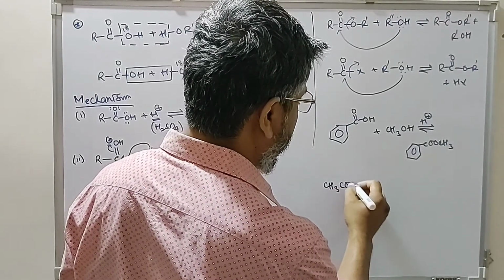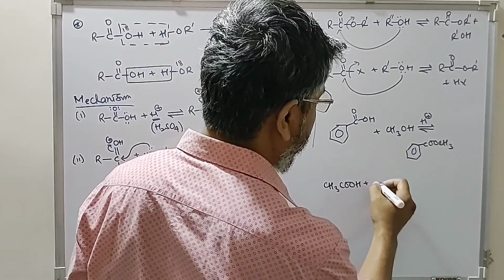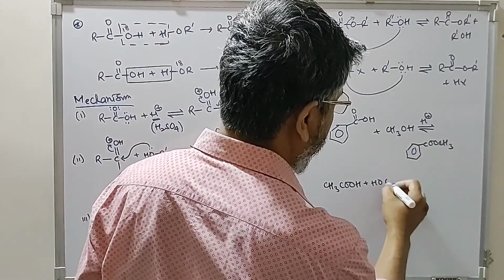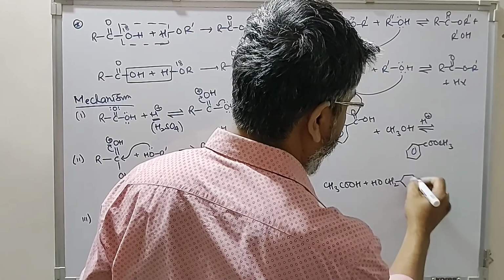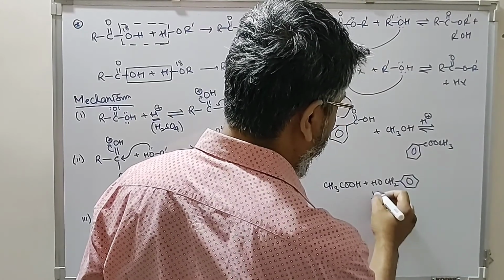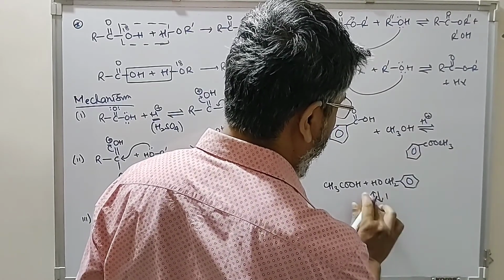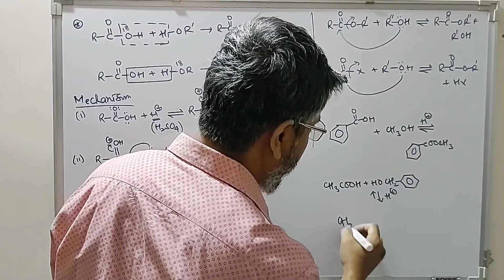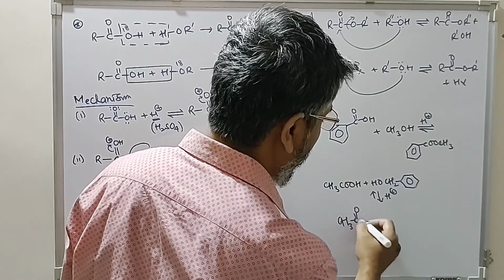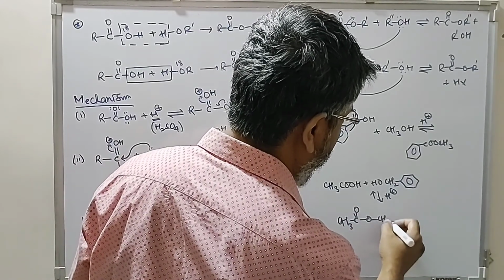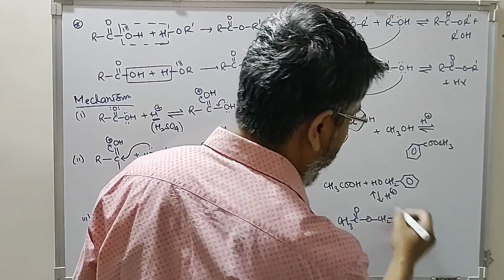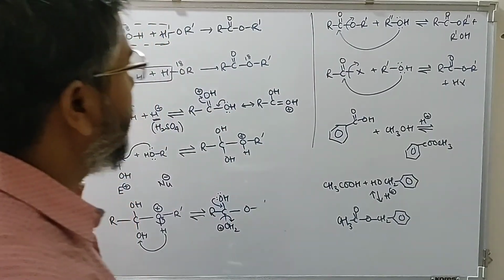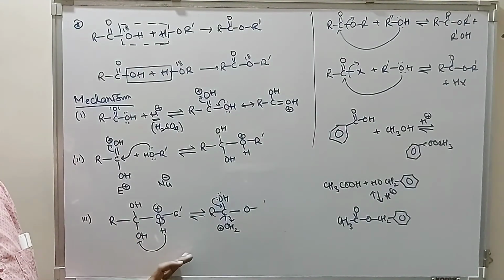CH3COOH plus OH CH2, that is benzyl alcohol, in presence of H plus ion. So we have this CH3 C double bond O CH2. So this is what we call Fischer esterification reaction.